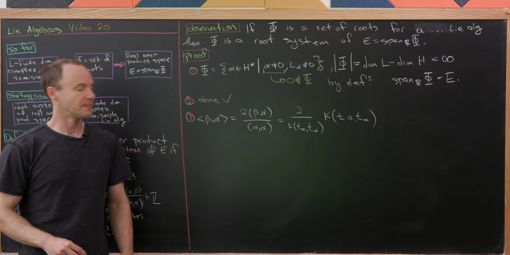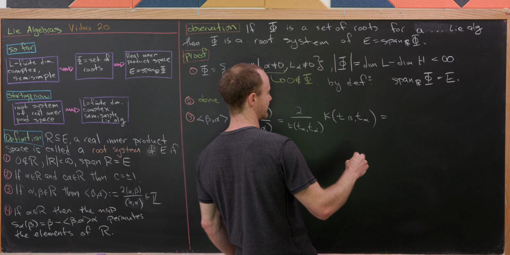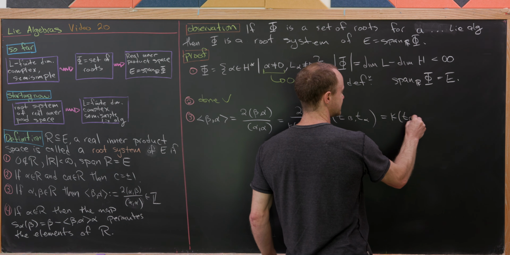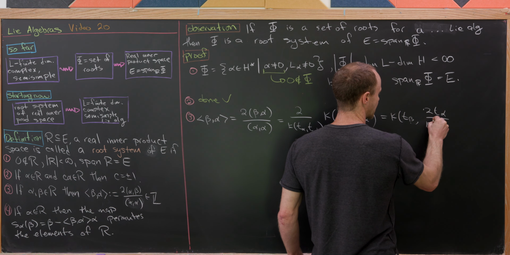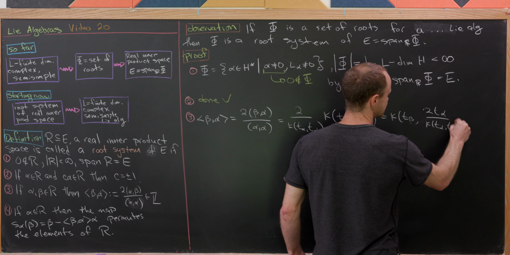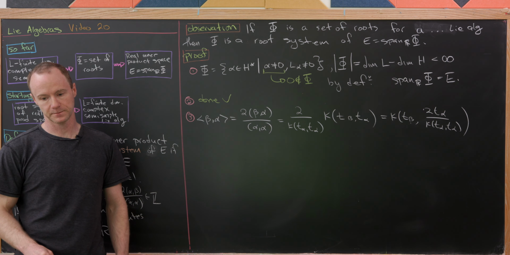Okay, great. But now we can put this together a little bit, and what will we have? Well, we'll have kappa of T beta, and then we'll have 2T alpha over kappa T alpha T alpha. So that's just using the bilinearity of the Killing form.